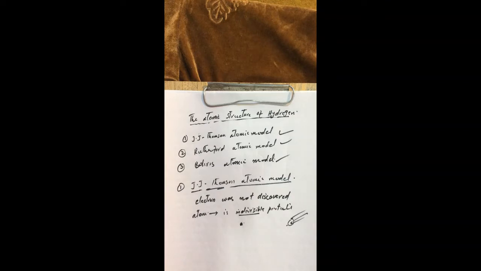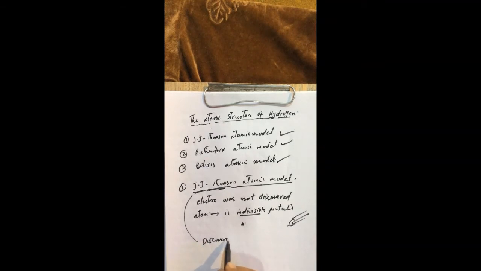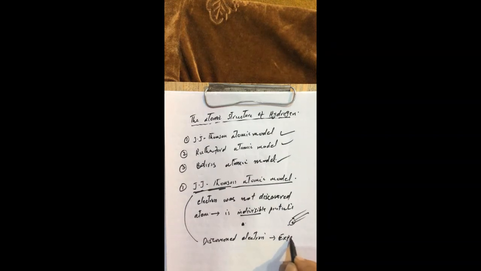Now, the scientist J.J. Thomson discovered the electron by using his most famous experiment on cathode rays.